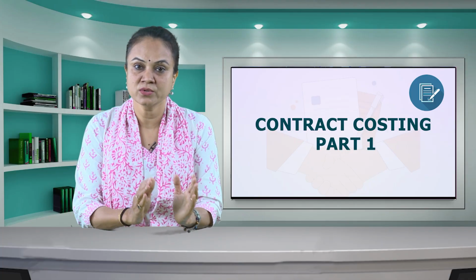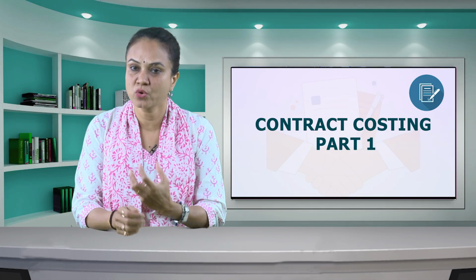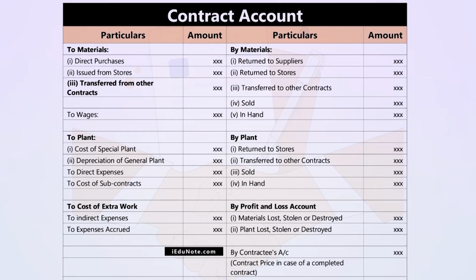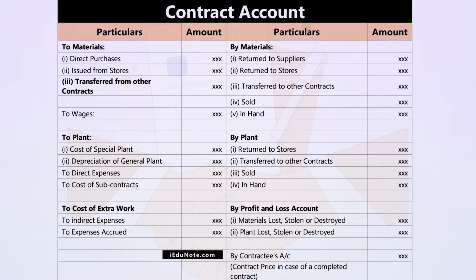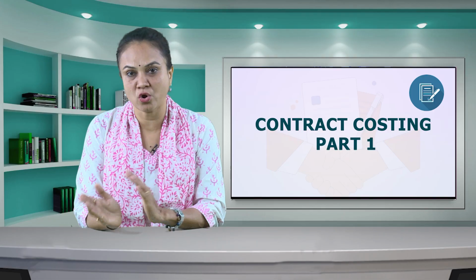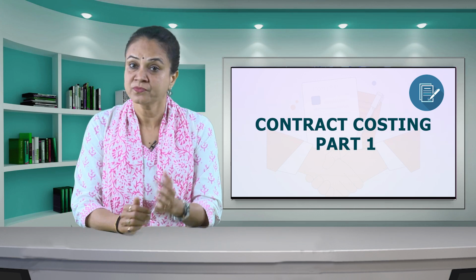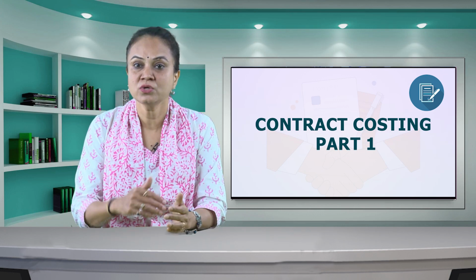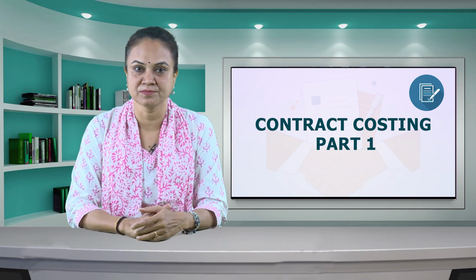The contract account is credited with the contract price on completion of the contract. The difference between the two sides of the contract account represents profit or loss of the respective contract. This profit or loss is transferred from the contract account to the costing profit and loss account.